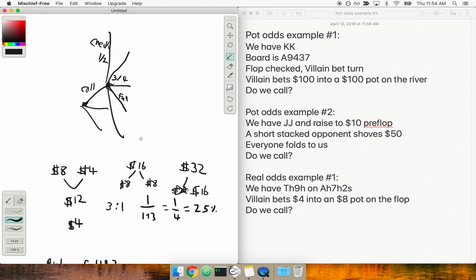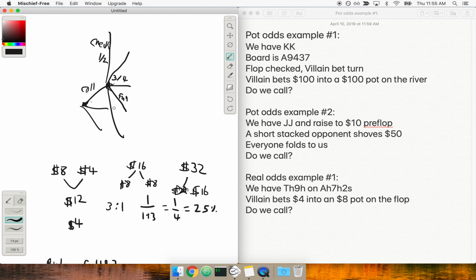There are many possibilities. And if we were to really answer the question of how much equity we need, we would need to do a more thorough analysis where we look at all of these possible branches on the tree. I did a video on expected value. If you're interested in that, I would encourage you to watch the expected value video. I'll post a link in the description.